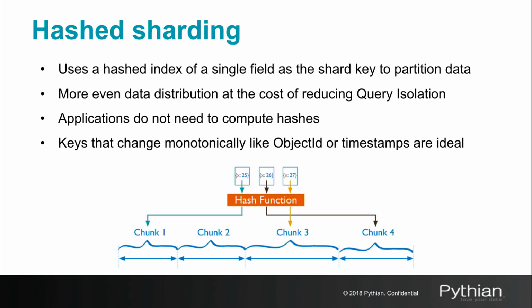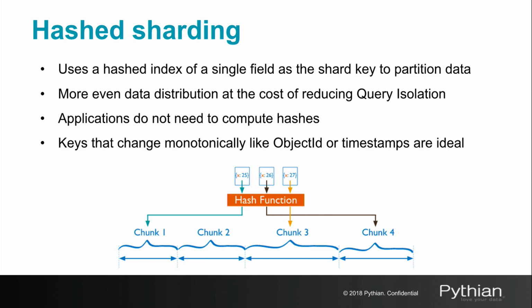With this type of sharding, we don't know where our documents will end up in the particular chunks and shards. If we have a range-based query, for example, if you want to return documents where x is between 25 and 27, our query will end up searching for those records in 3 different shards. And with MongoDB, this is called a scatter-gather query.